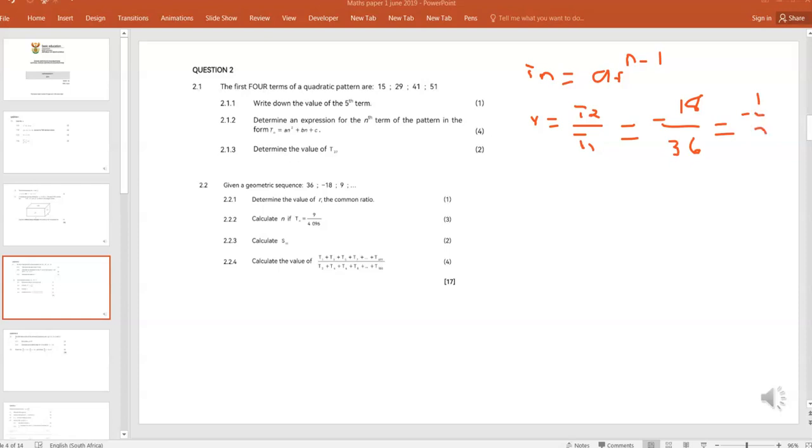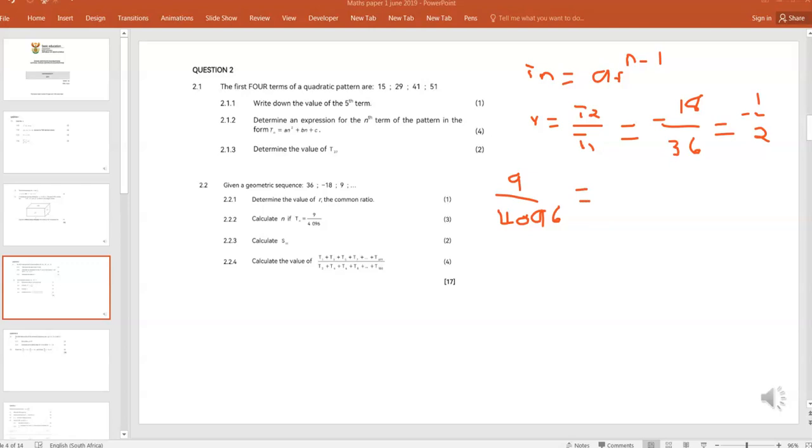So they're asking us to find n if Tn is that. Oh, okay, remember Tn we know. That's how you find Tn. So they're telling us that there's a number, which is a huge fraction. It's 9 over 4,096. The aim is to find n.